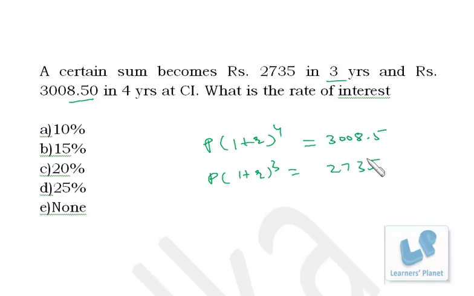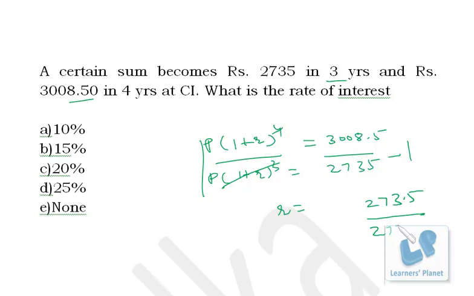I divide both of them. So 1 plus R is this, that means the rate of interest R will be 3008.5 by 2735, and from this entire calculation we need to deduct 1. So that will give us R. So that's 3008.5 minus 2735, that is 273.5 by 2735, that's 10%. Okay, pretty simple, can be done in 40 seconds.